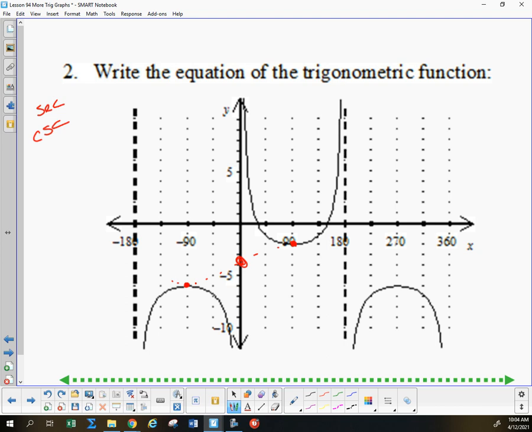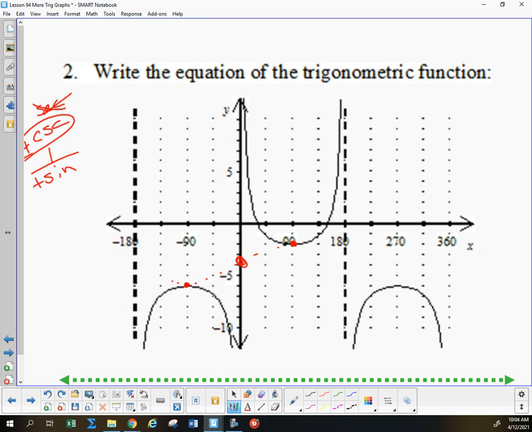Center line increasing, Anna, is positive or negative sine or cosine? Positive sine. So we're looking at 1 over positive sine, and 1 over sine is cosecant. So we are looking at a positive cosecant equation for this thing.